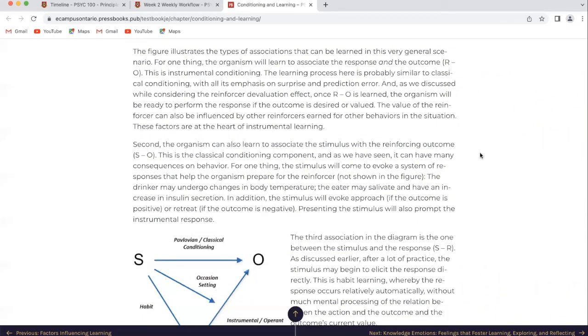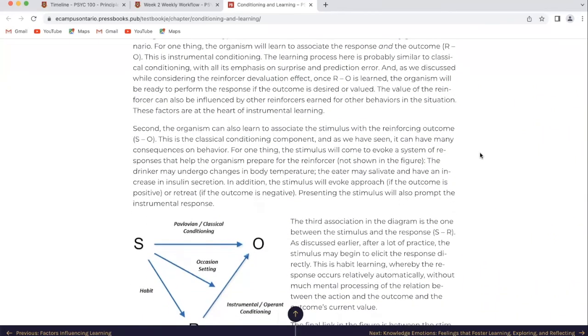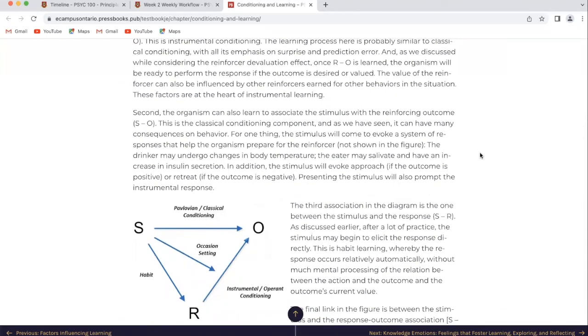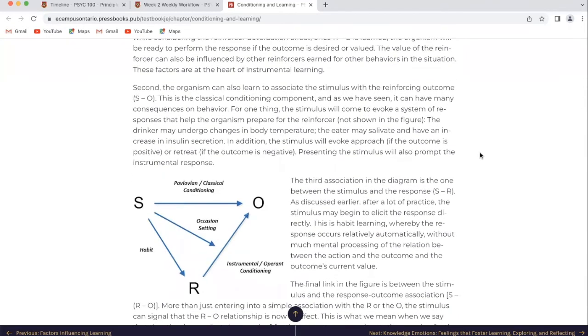For one thing, the organism will learn to associate the response and the outcome, R and O. This is instrumental conditioning. The learning process here is probably similar to classical conditioning, with all its emphasis on surprise and prediction error. And as we discussed while considering the reinforcer devaluation effect, once R and O is learned, the organism will be ready to perform the response if the outcome is desired or valued.